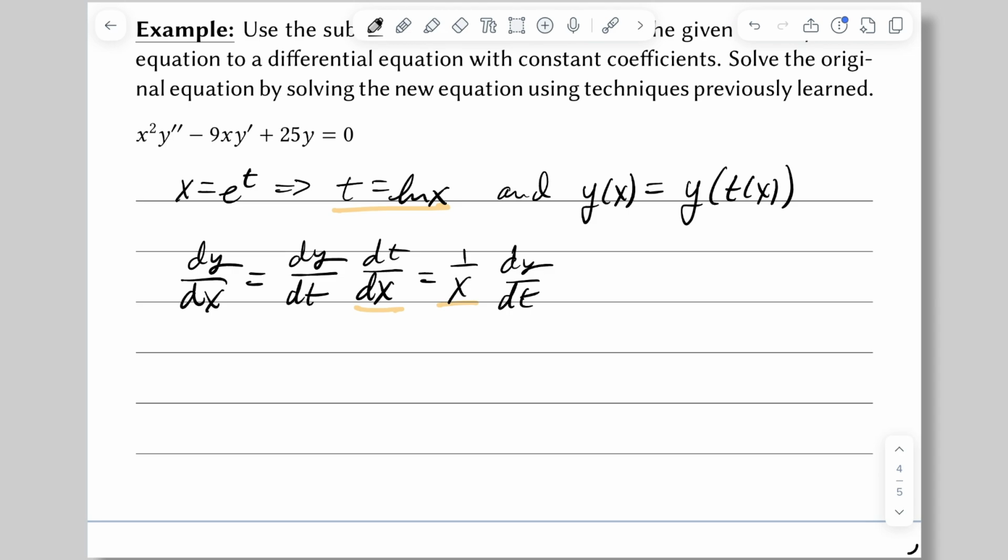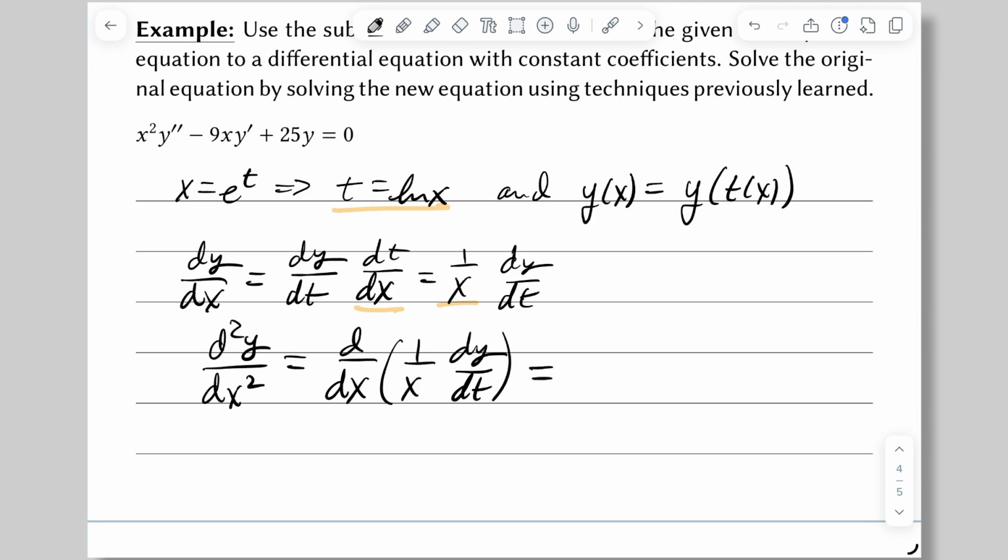The next step requires a bit of thought. d2y dx2 is the derivative with respect to x of 1 over x times dy dt. This derivative requires the product rule. We're differentiating with respect to x, remember. The derivative of 1 over x with respect to x is negative 1 over x squared times dy dt, that's the first part of the product rule. The second part is 1 over x times the derivative with respect to x of dy dt.